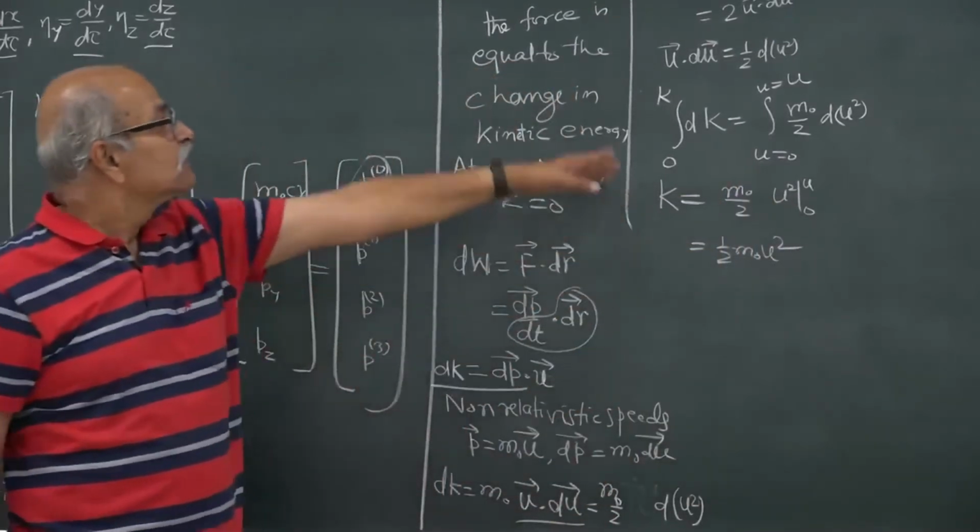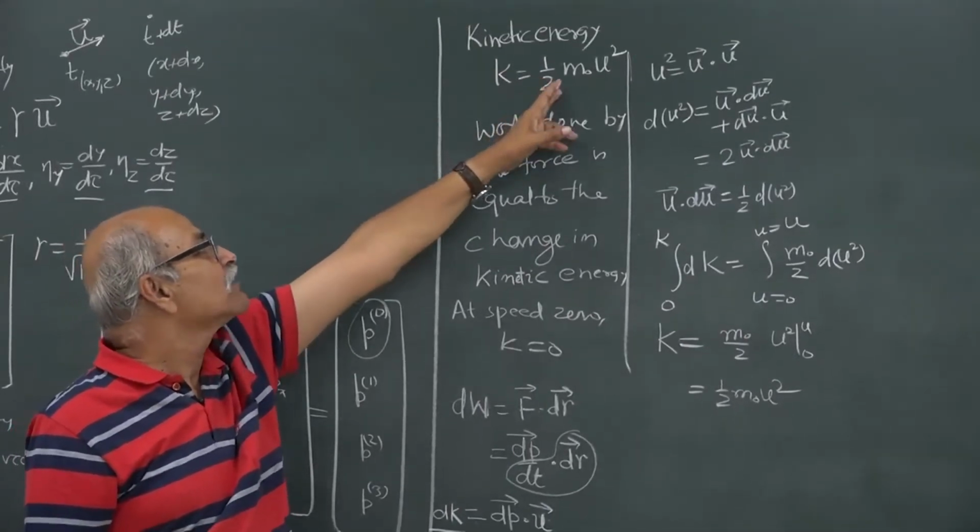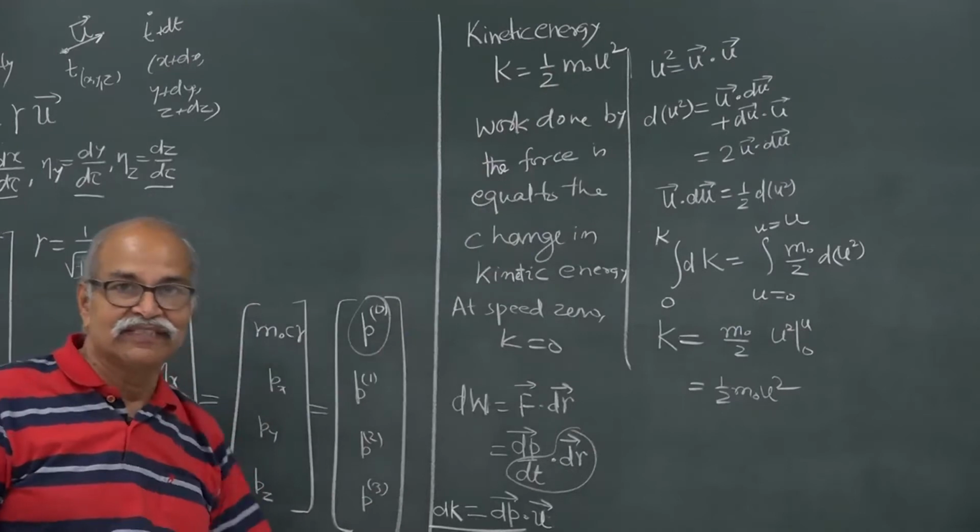So, this is how the expression of kinetic energy in the non-relativistic limit, half m naught u square, is derived.